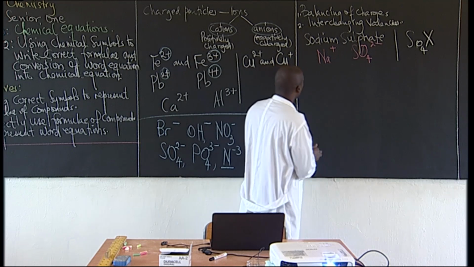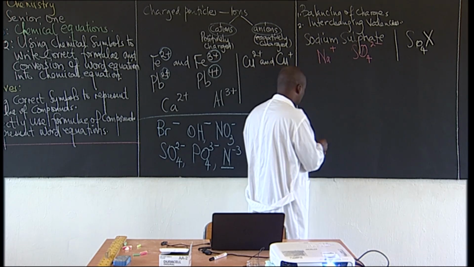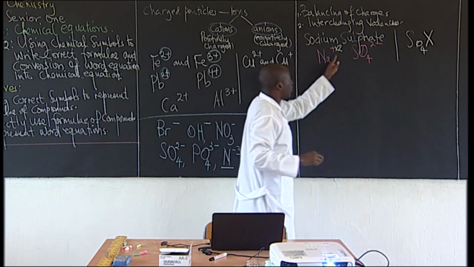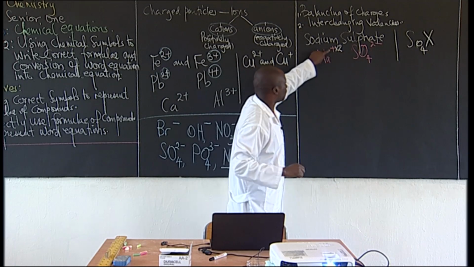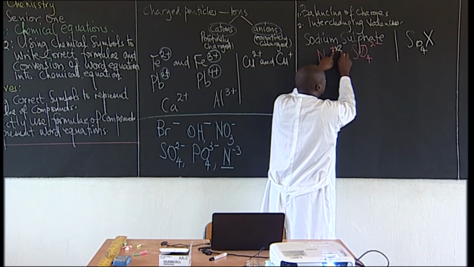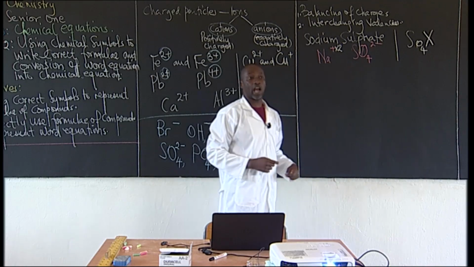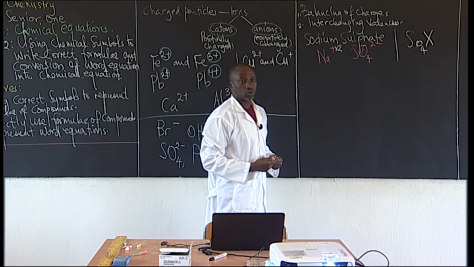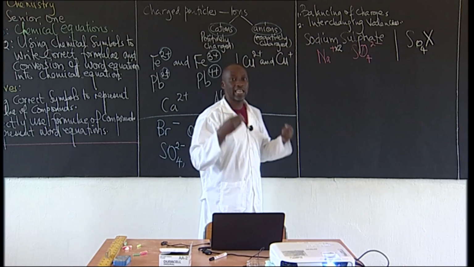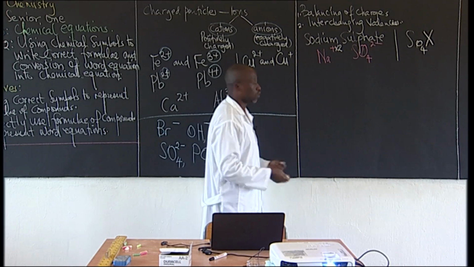It means you would have to multiply the sodium by 2. When you multiply by 2, it means we'll have positive 2 to balance the negative 2, so they will be equal, and that is what we need to do.